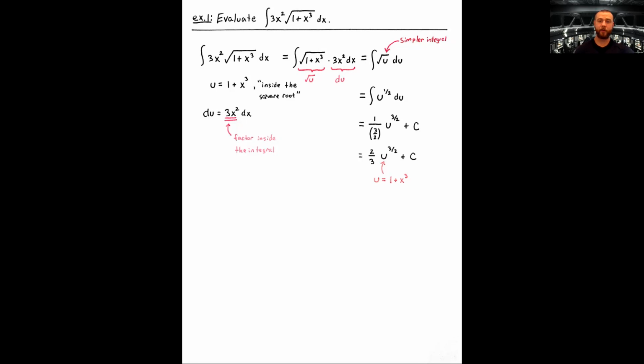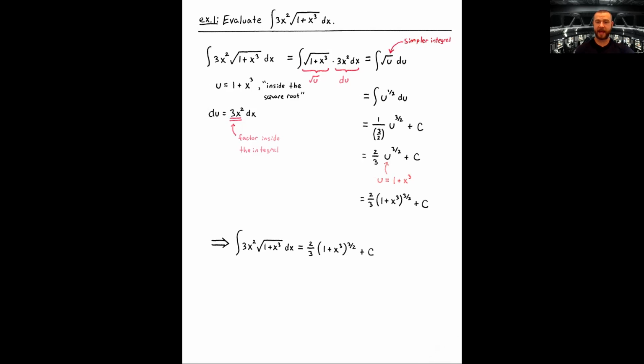So we convert back, we plug our substitution back in, u as 1 plus x cubed, and we get our antiderivative expressed in terms of x. And this is a good standard example of how we're going to apply substitution and what the work looks like.